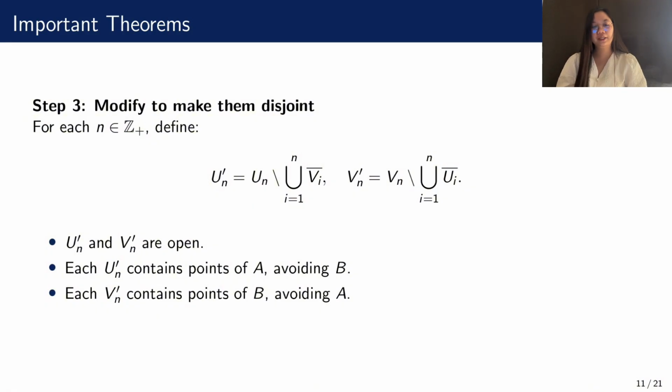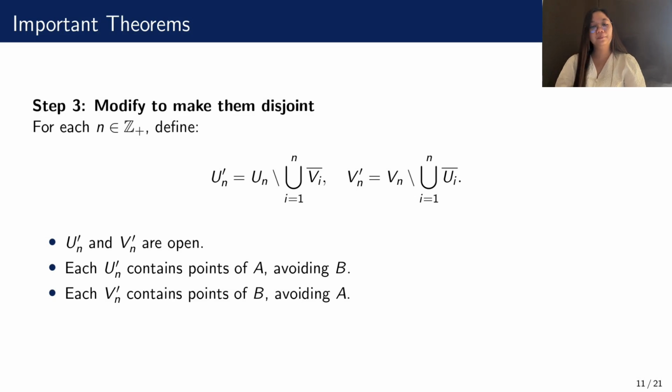For each n, a positive integer, we define U sub n prime as the complement of the union of the closures of B sub i, where i is equal to 1 up to n, and B sub n prime as the complement of the union of the closures of U sub i, from i equal to 1 up to n.